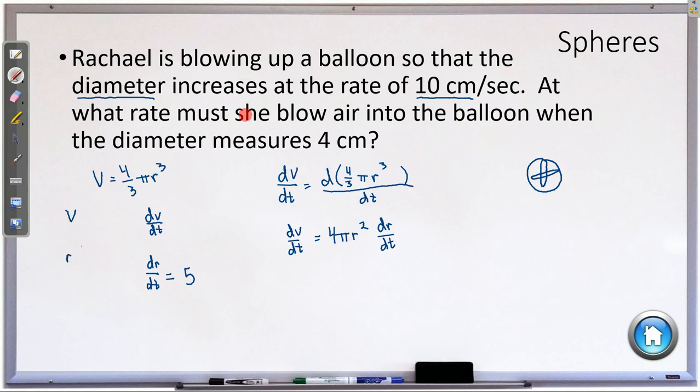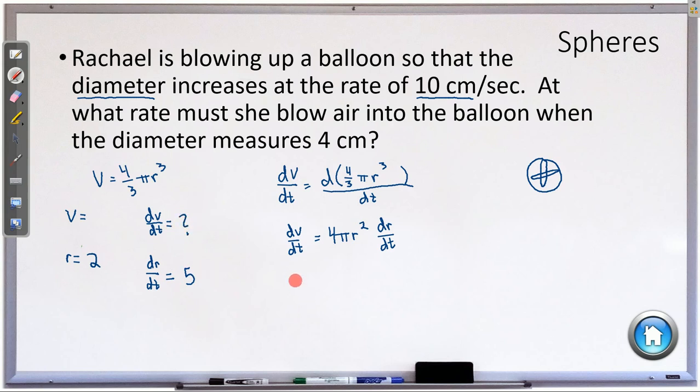At what rate must you blow air into the balloon when the diameter measures 4 centimeters? And so if the diameter is 4 centimeters, the radius is only 2. Now we don't know what V is, but thankfully there's no V in the equation. We don't know what dV/dt is because that is what we are trying to find.